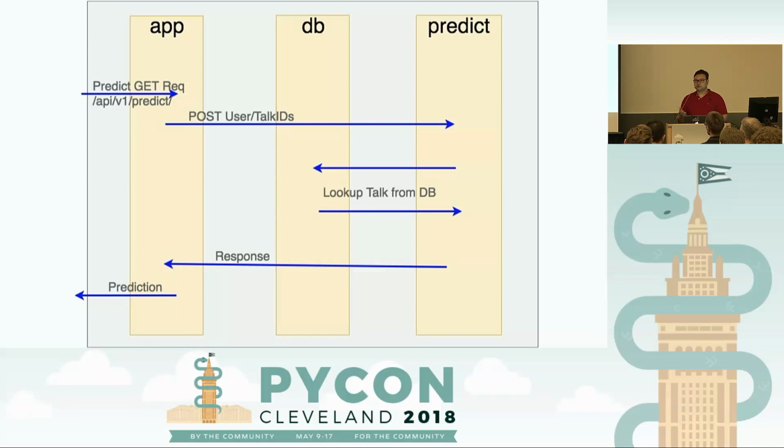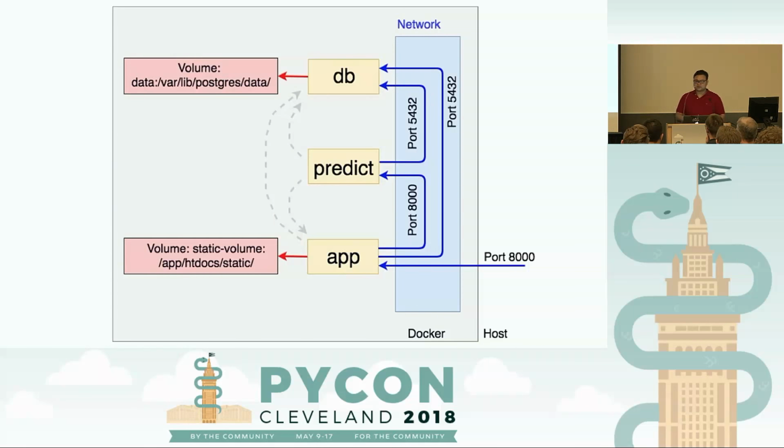When the user clicks on the recommendations button, the request comes to the app, goes to the database, fetches all the talks that the user has labeled till that point, and then it pushes that to the predict service. The predict service builds a model and then forwards the recommendations to the front end. So this is how all of these come together using Docker Compose.